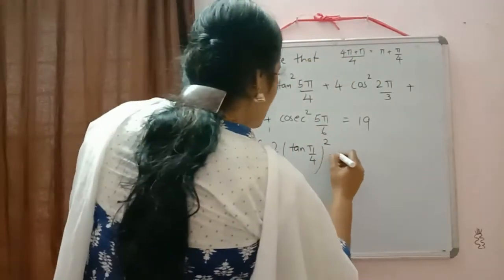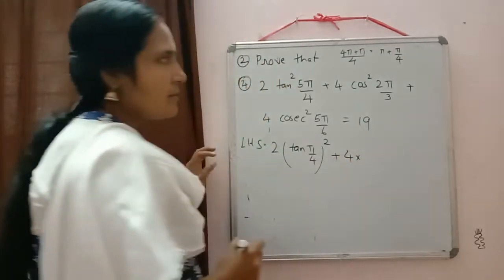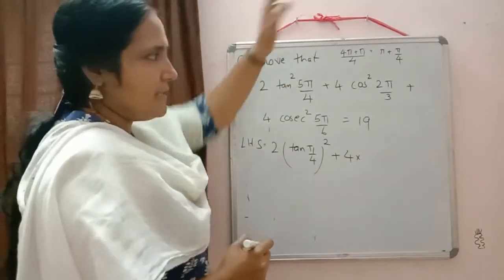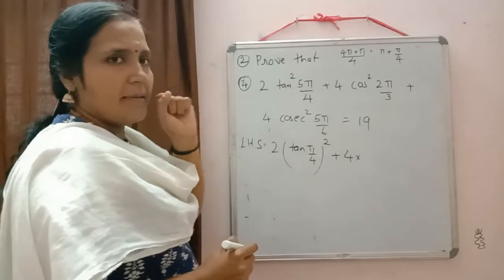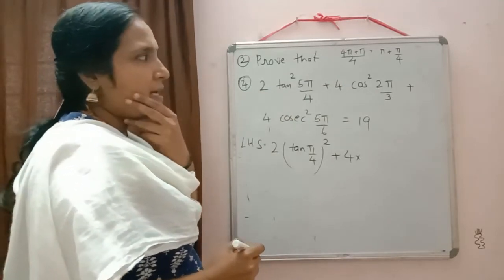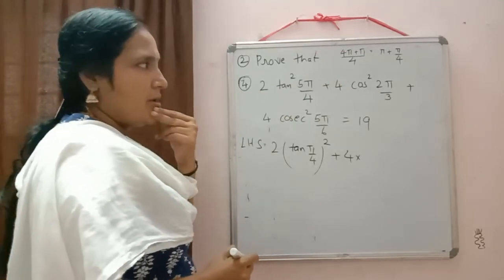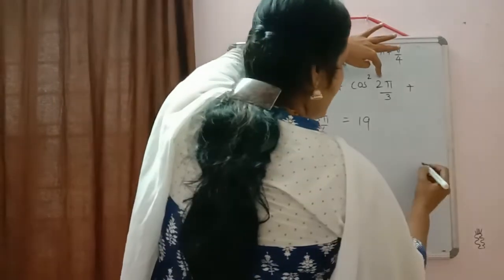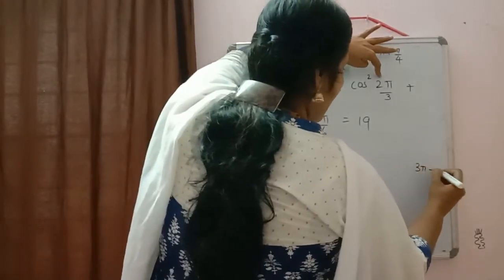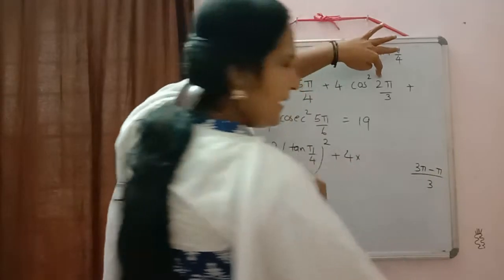Then next one, plus 4 into, again, cos square 2 pi by 3. Check the multiplication table of 3. The number nearest to 2 is 3 only. Okay. So 2 pi can be written as 3 pi minus pi by 3.